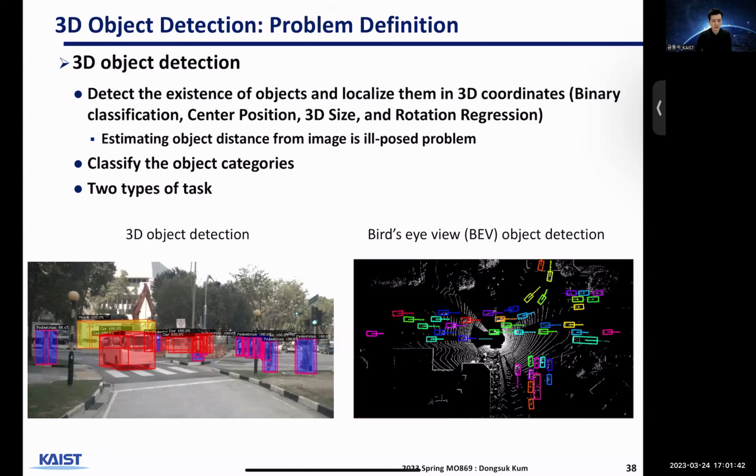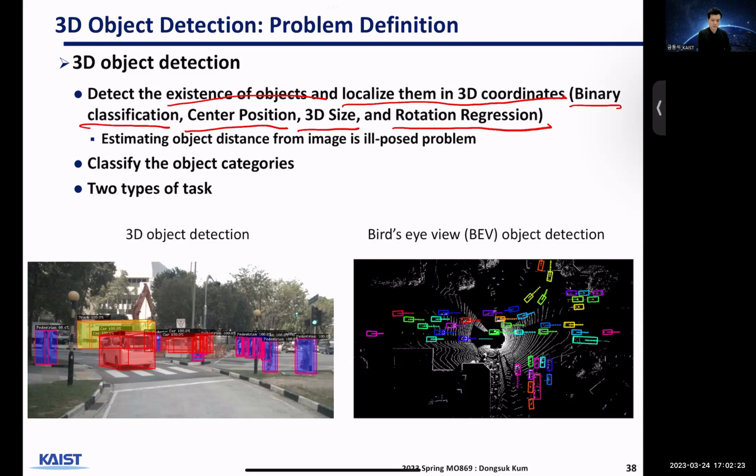And this is where the challenge actually comes in when it comes to camera-based perception for robotic or autonomous driving problems. Let's take a closer look. So detecting objects in 3D space means that we need to detect the existence of objects and localize them in 3D coordinates. That requires binary classification, center position, 3D size, rotation regression.